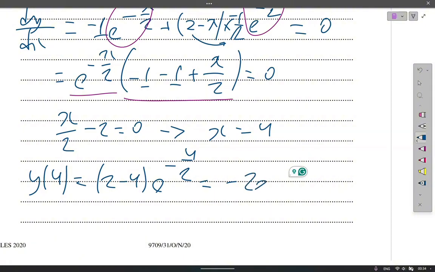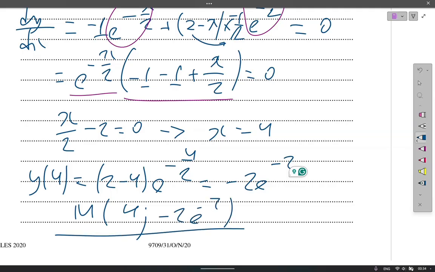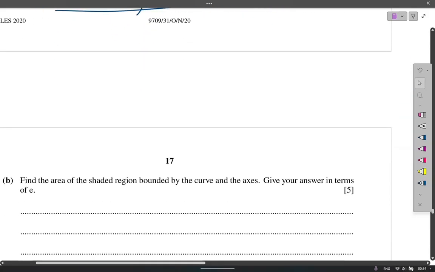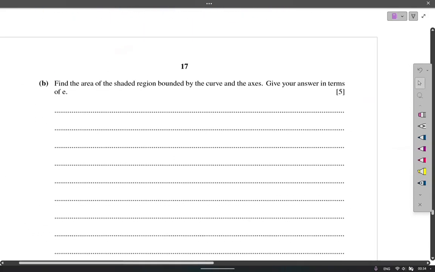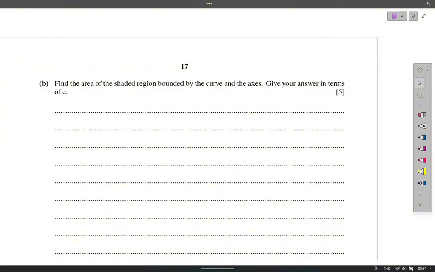Get this one, which actually just is this. And the coordinates of m is this. And the second part asks, find the area of the shaded region bounded by the curve and the axes, and give your answer in terms of e.